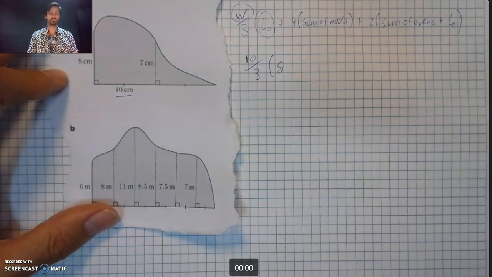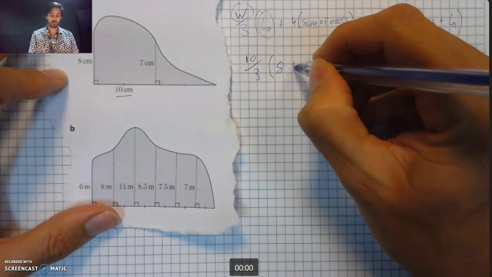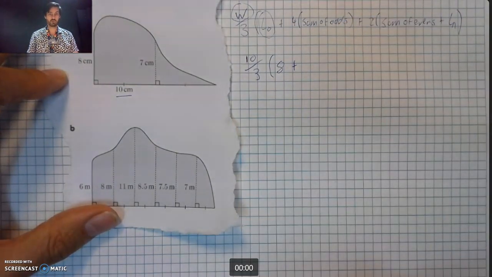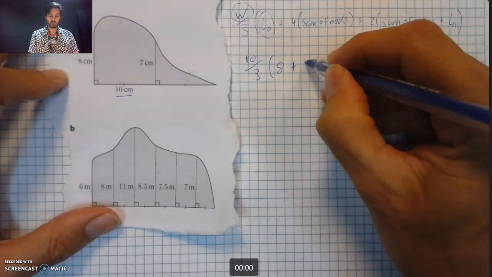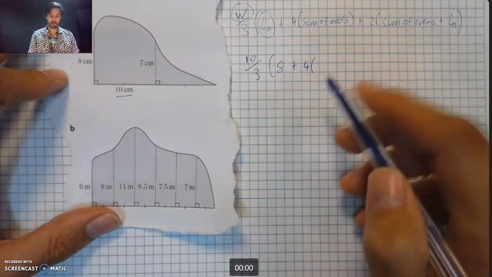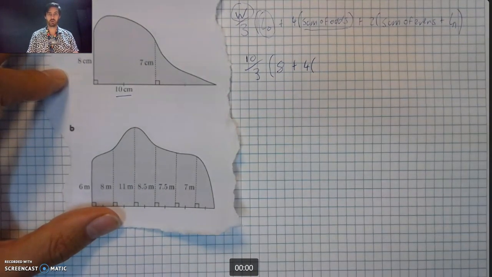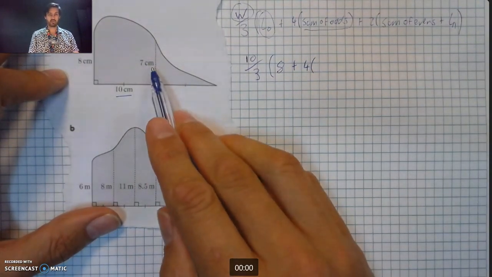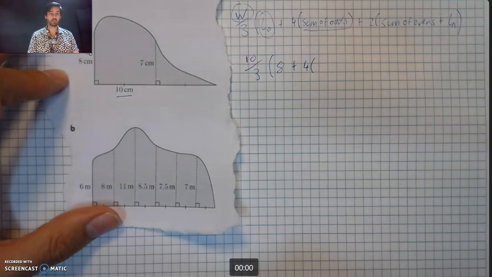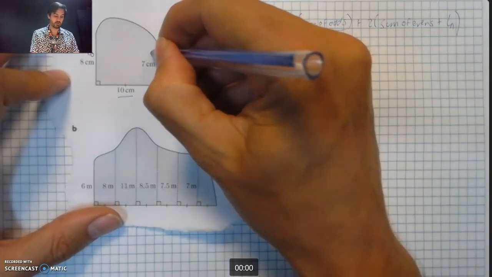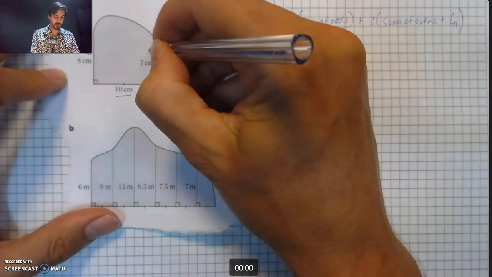Now, that one's relatively simple because we're not multiplying by anything. But this next one here can confuse a few people. Here we want to do 4 multiplied by the sum of the odd lengths. For this question, if we're going to label our lengths, which I really encourage as you're starting out doing these questions, we're going to label this one L0, which means that this one would be L1.